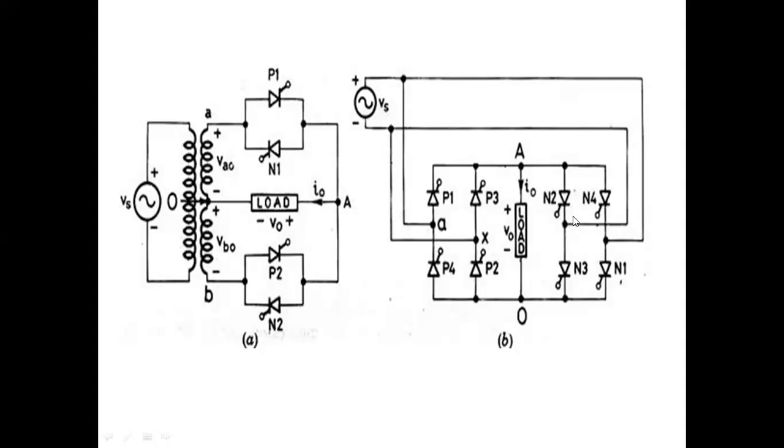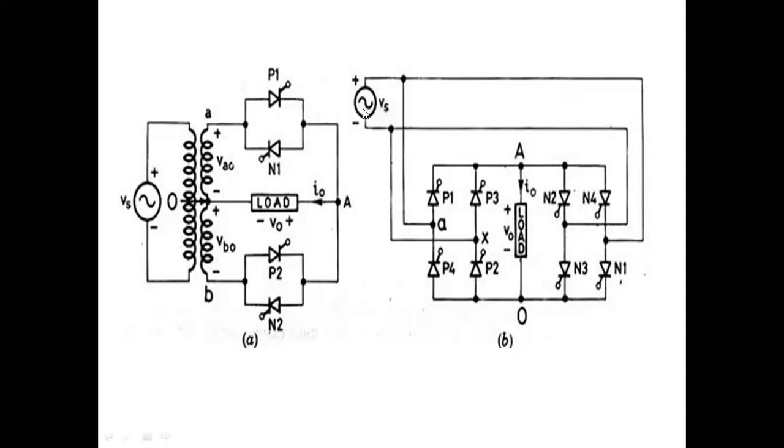When you give firing pulse to N1, N2, what is the current direction you see? Minus to plus, through N1, through load. Current always flows from anode to cathode only. Through N2, again into source.